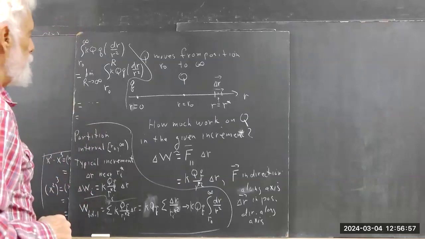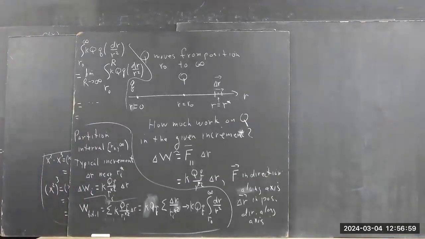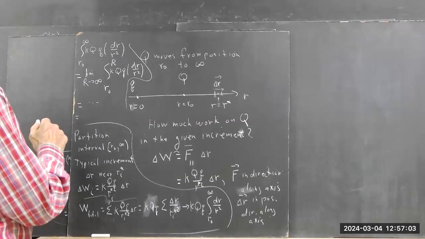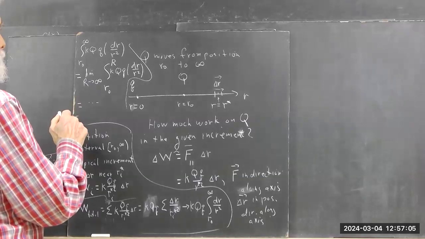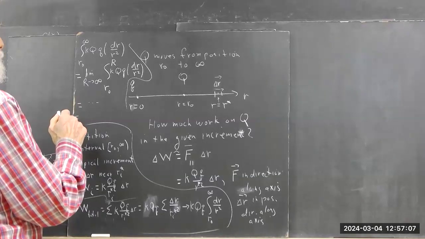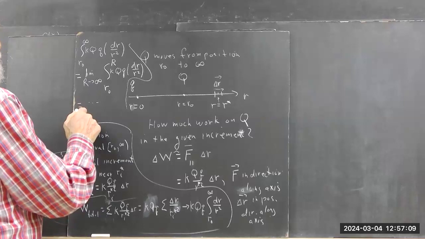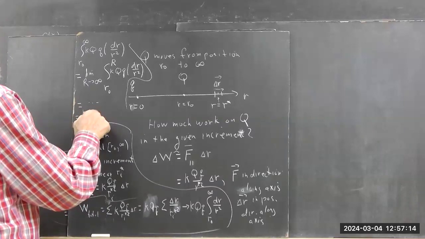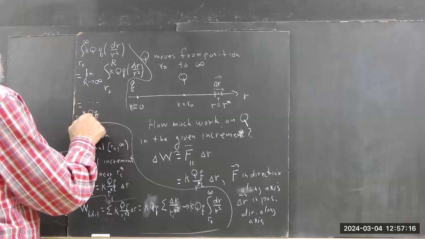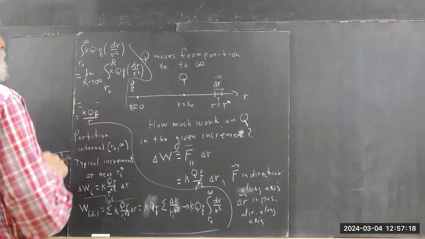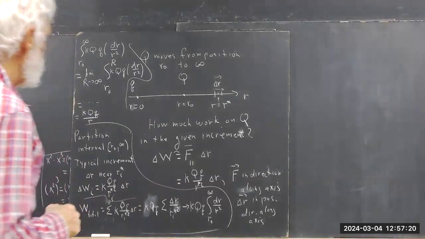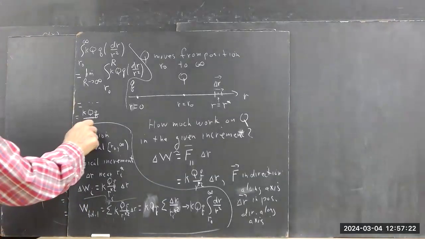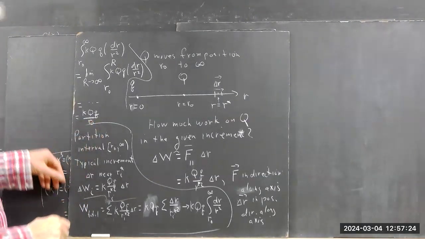I have room to write the whole thing out, but we get K Q q over R naught.